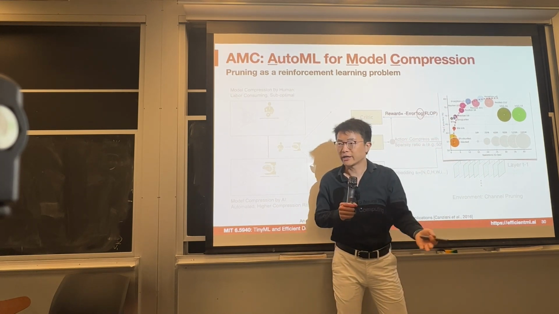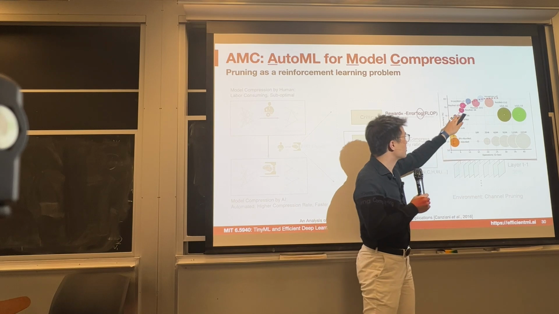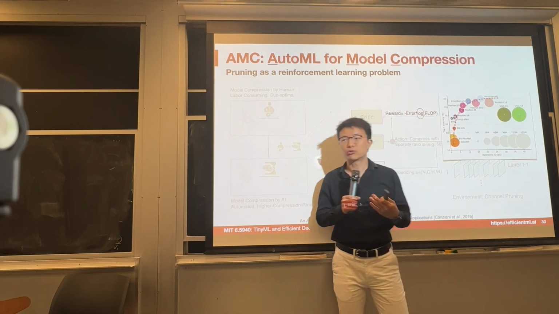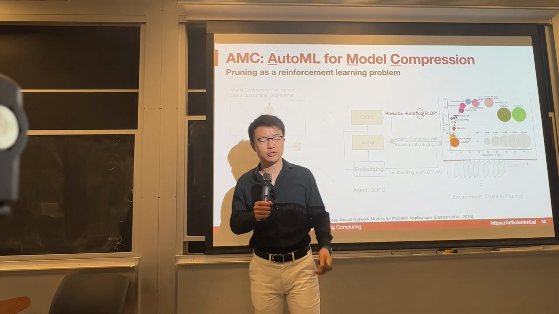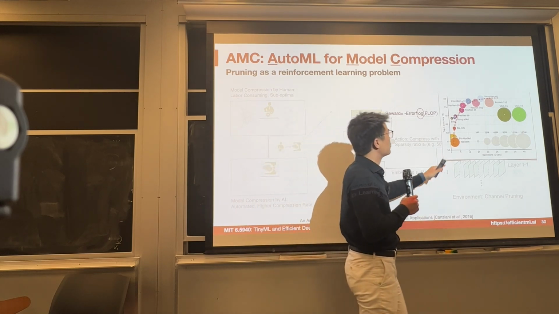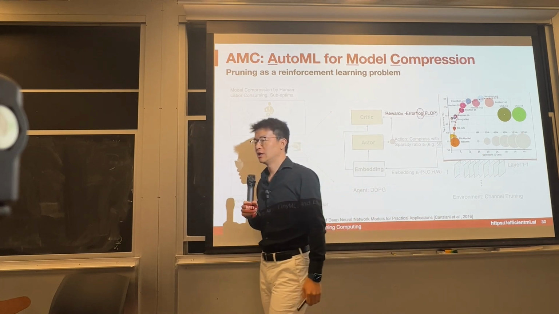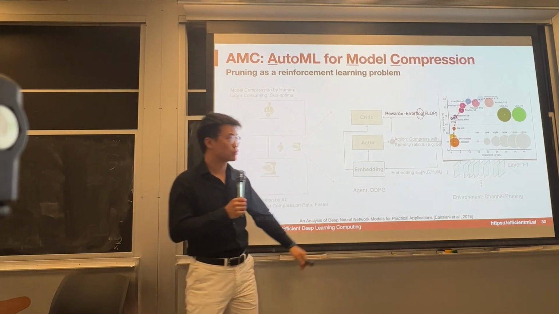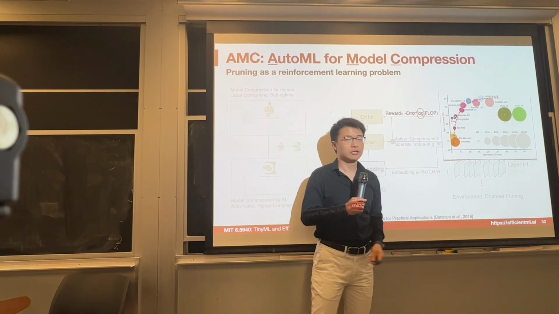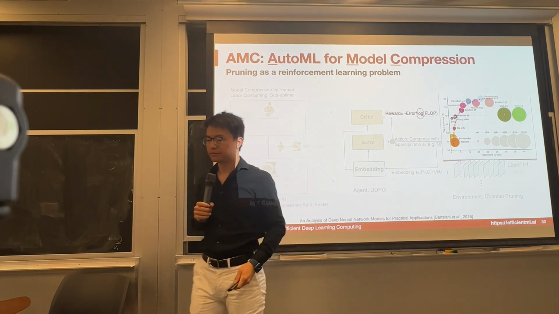People find roughly the accuracy and the number of ops, which we introduced in lecture 2, form this logarithmic relationship. So that's why we put this log in the reward function.